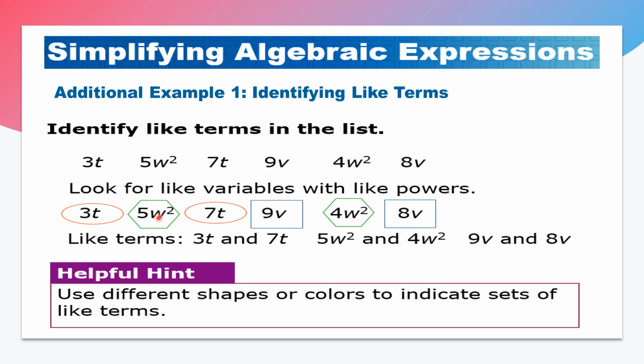Those in diamond are 5w squared and 4w squared. And 9b and 8b are in a square. So like terms are 3t and 7t, 5w squared and 4w squared, and then 9b and 8b. So use different shapes or colors to indicate sets of like terms.